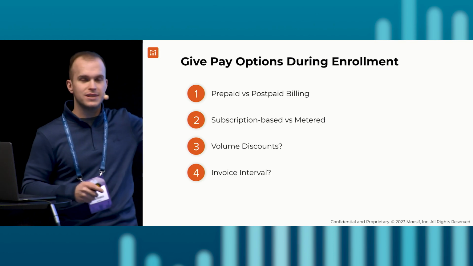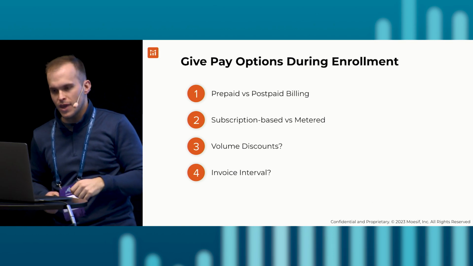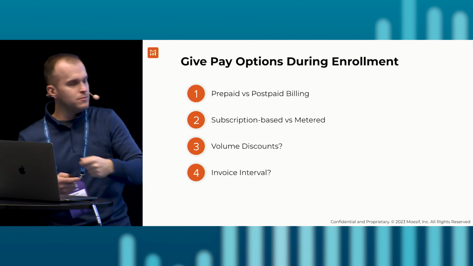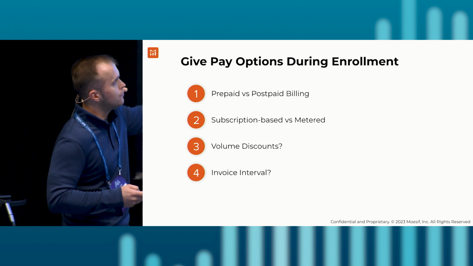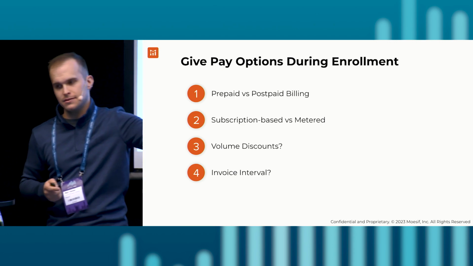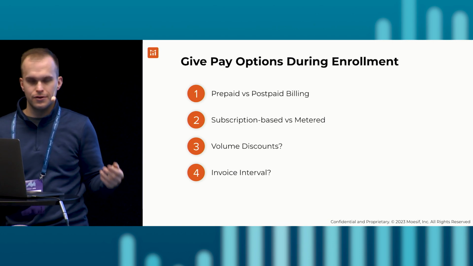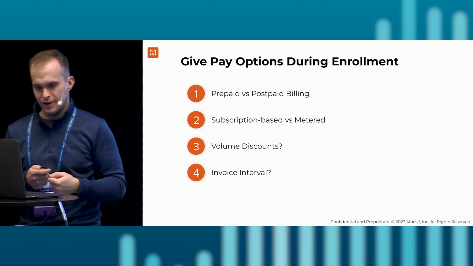And maybe they're paying 2 cents per API call. So they go, great, I know exactly what my cost is. But then you might also offer metered and say, hey, if you don't fit into this subscription-based, you can use metered too. It's just going to cost you a little bit more to do that. So there is a way to kind of have the best of both worlds there.